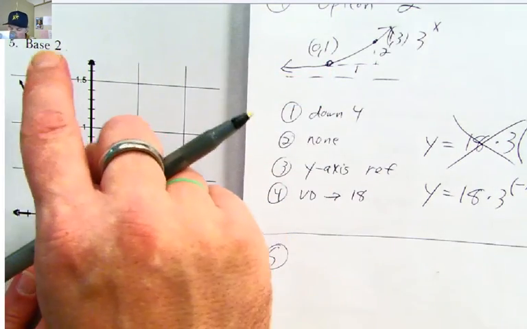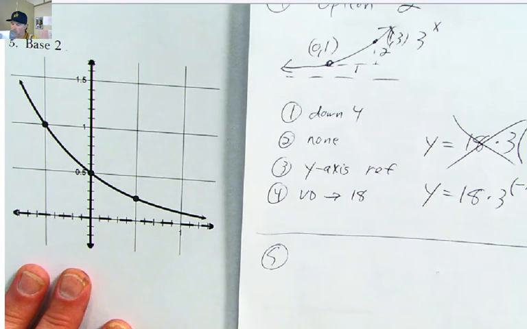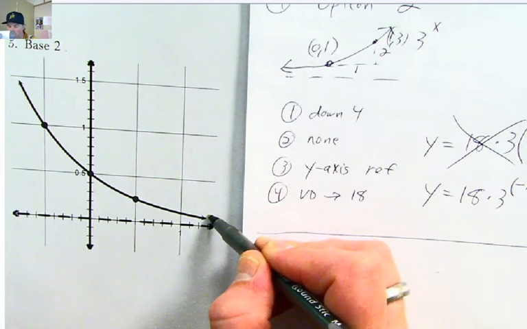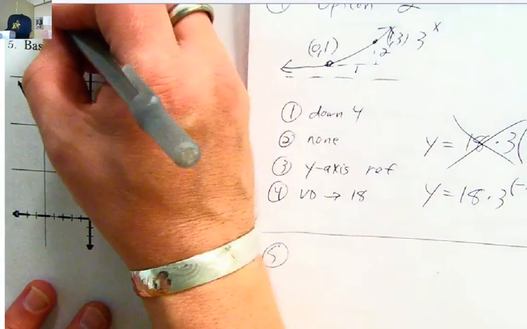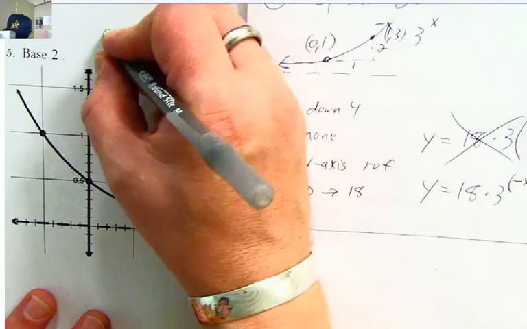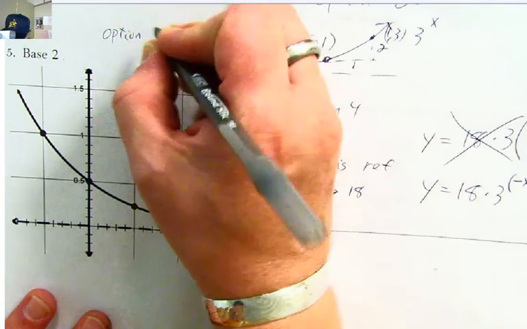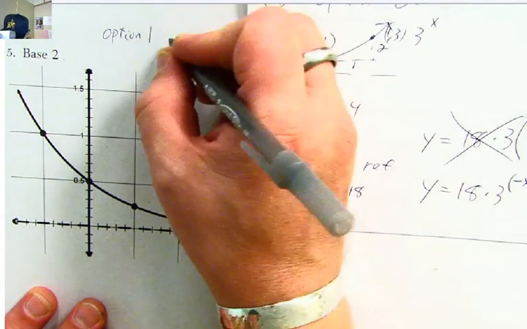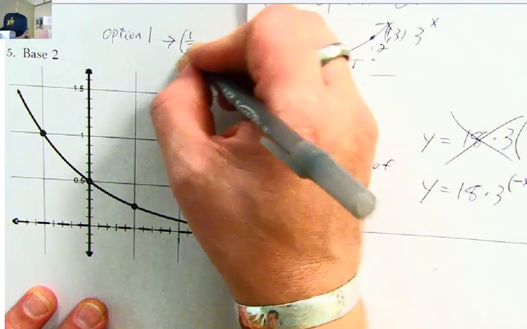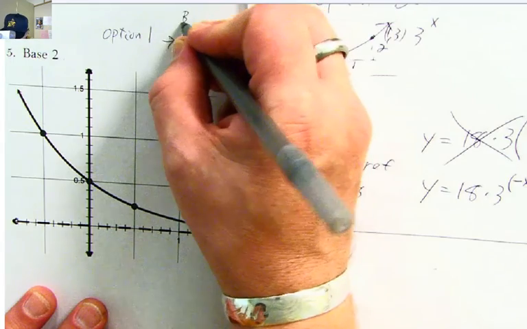Because this is a decay, if you are an option 1 type person, you want this to be a base 1/2 problem.